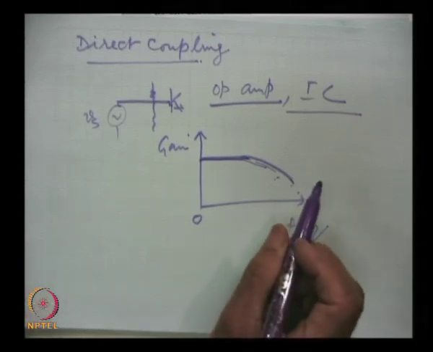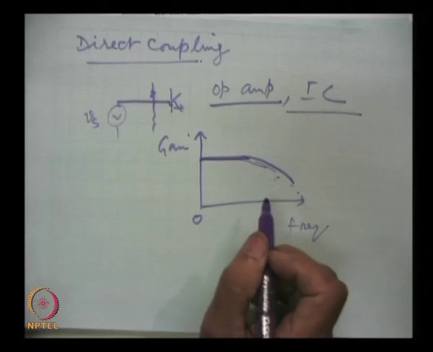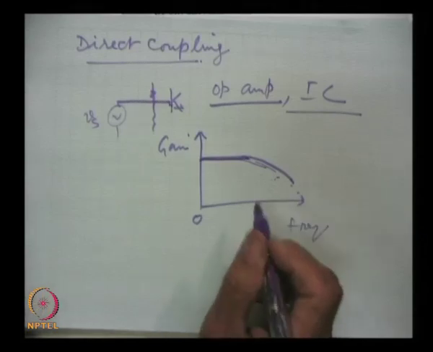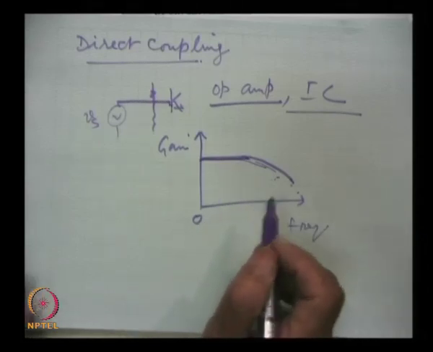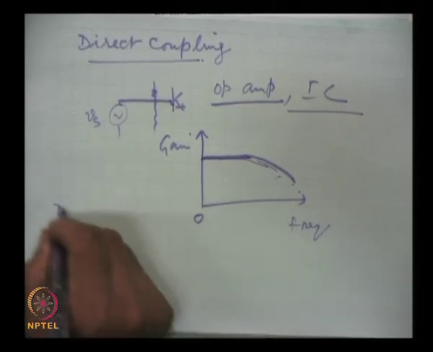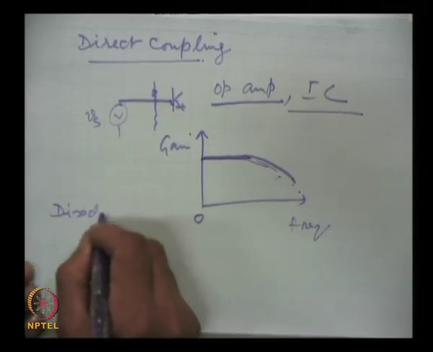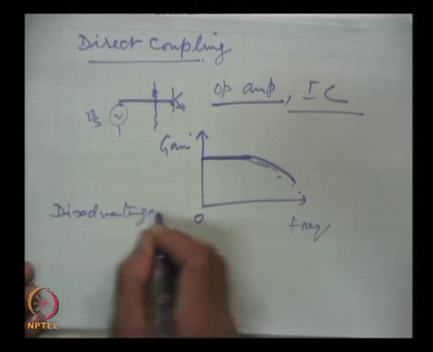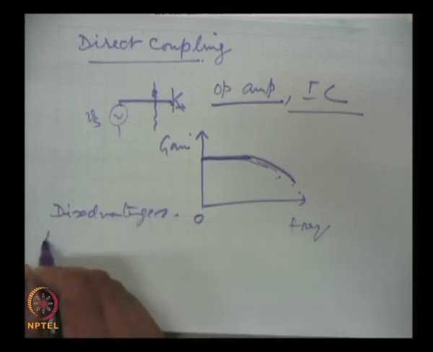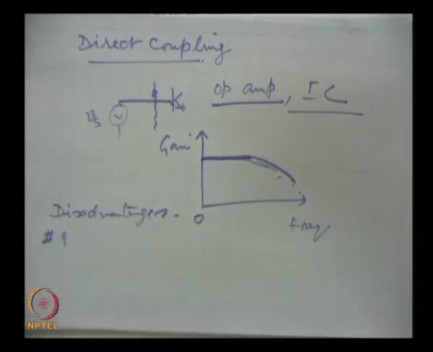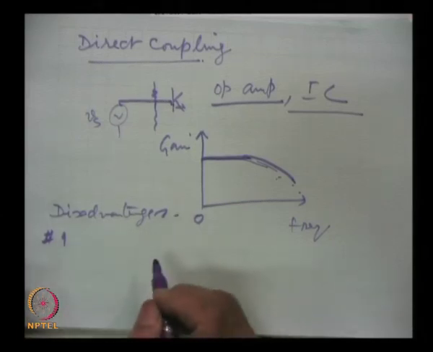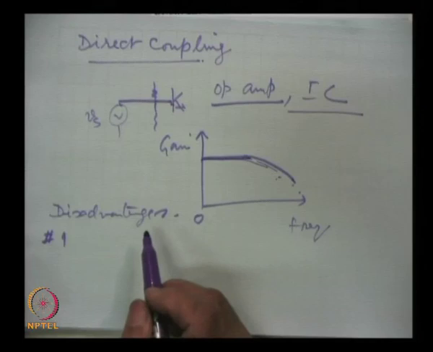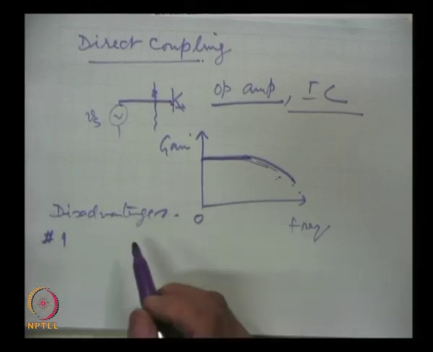Now, there is one disadvantage with direct coupling, though it is not very serious. When we couple these stages directly, even the DC is coupled.